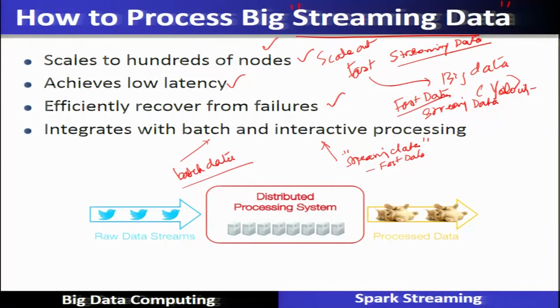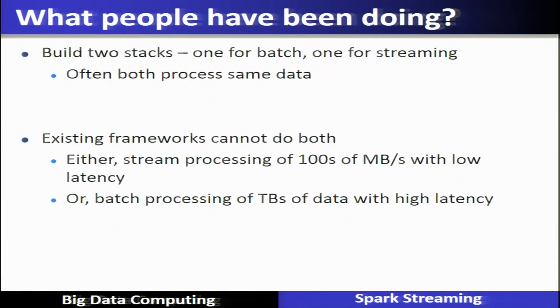Here we are going to see the new technology called Spark streaming, which will integrate this requirement of processing batch and interactive data simultaneously. Now, let us see what people have been doing so far, that means, what other systems existed before Spark streaming, and how it was being done.